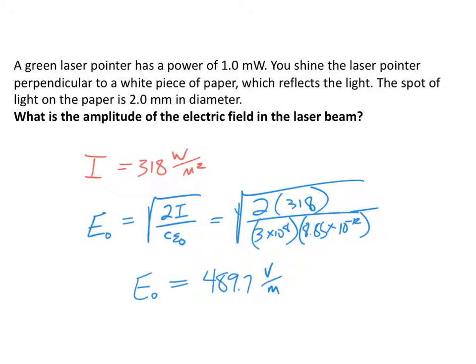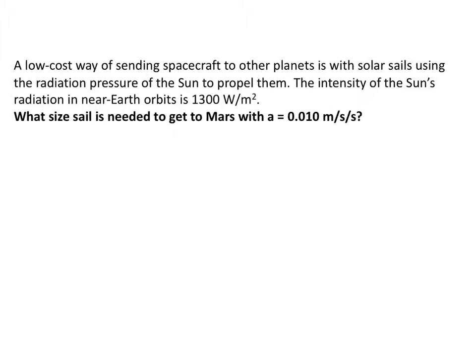That's a pretty intense electric field. So this thing shining down on a piece of paper, the amplitude of that electric field is hundreds of volts per meter. Next problem.